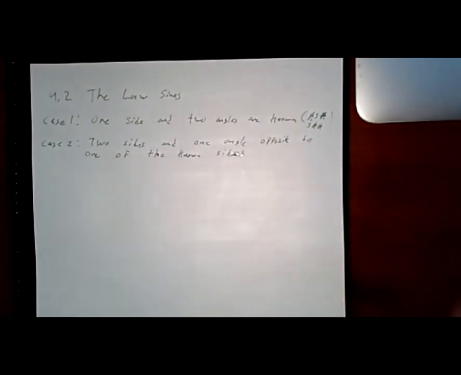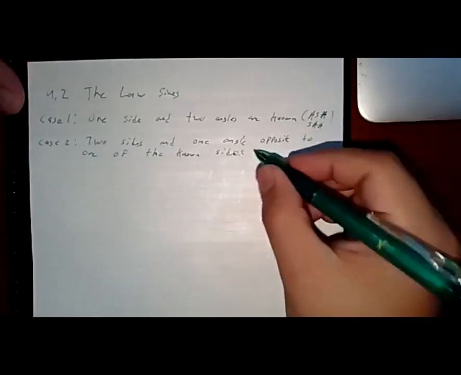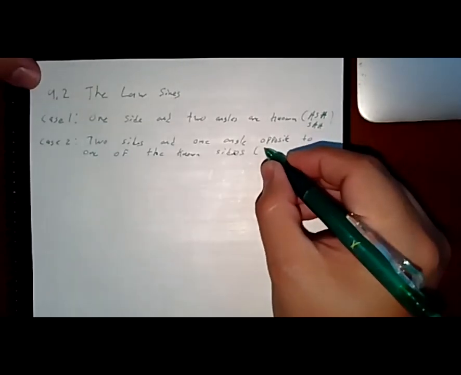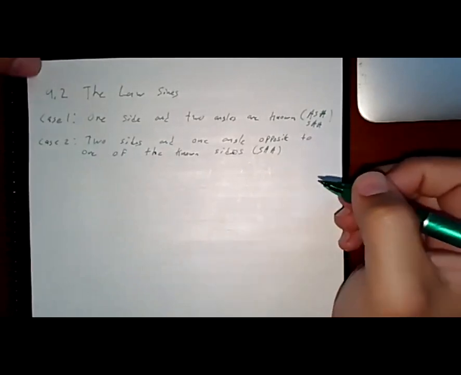So basically, if you have 2 sides and only 1 angle, you need that angle to be opposite to one of those sides, otherwise you cannot use law of sines. Okay, so case 1 and case 2 are pretty much going to be for law of sines.